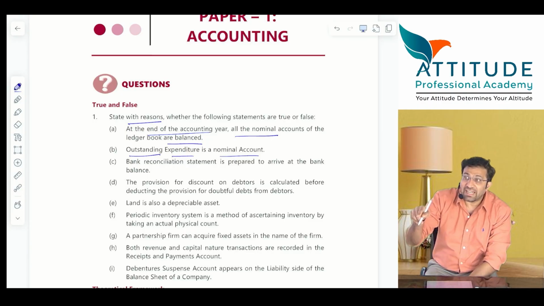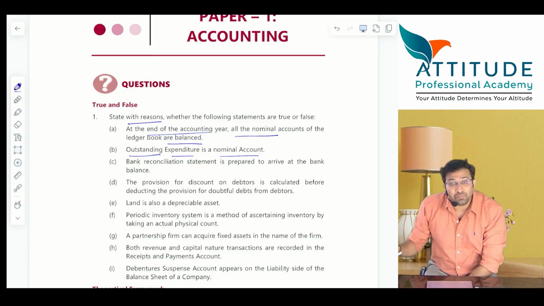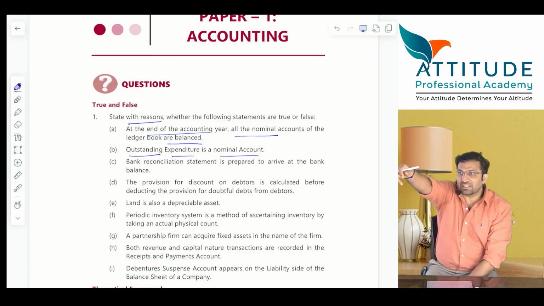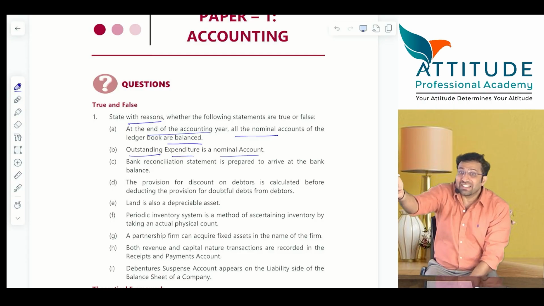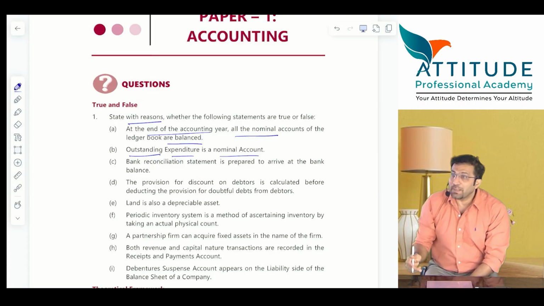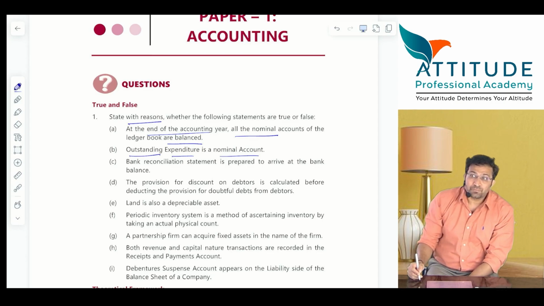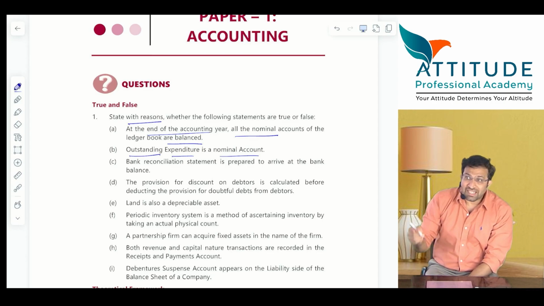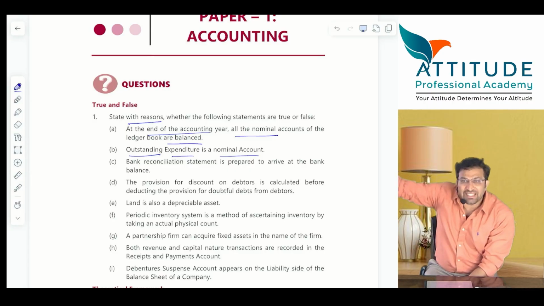And within personal, what is it? Is it representing a natural person, artificial person, or representative person? Representative. Outstanding expenses, prepaid salary, outstanding salary, income received in advance, outstanding income: they represent some person. What do you mean by outstanding salary? Salary payable to some person. Means this outstanding salary is representing some person.